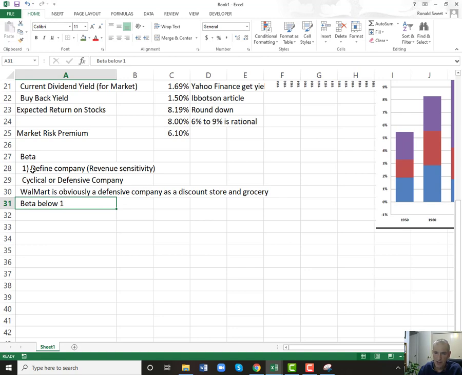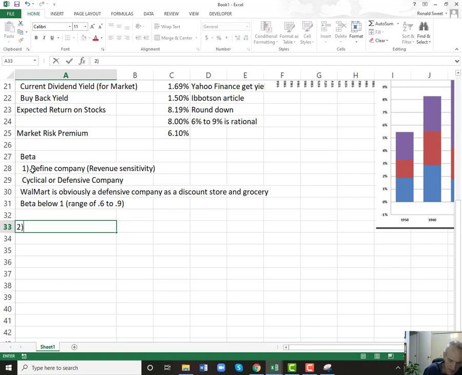So below 1. How much below 1? We'll talk about that. My range would be 0.6 to 0.9 maybe. Maybe not too much off of that. This range is going to be important when we do the last part of this analysis.